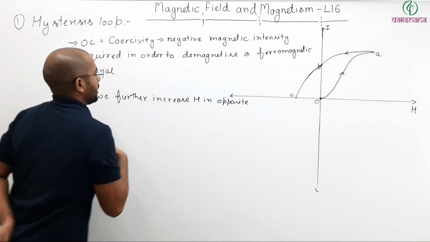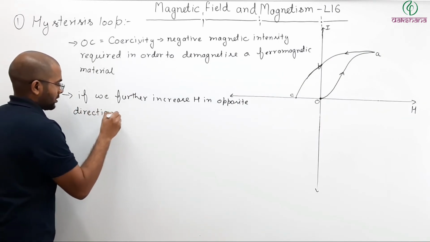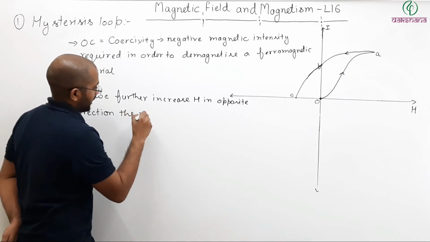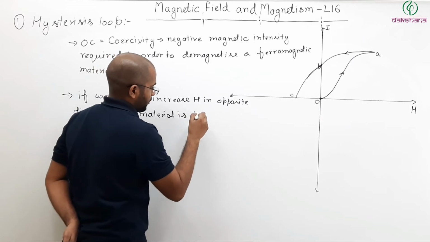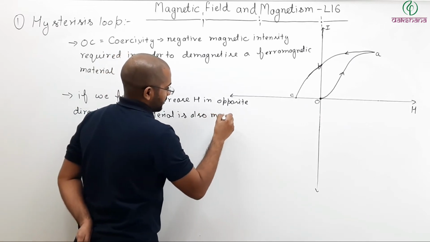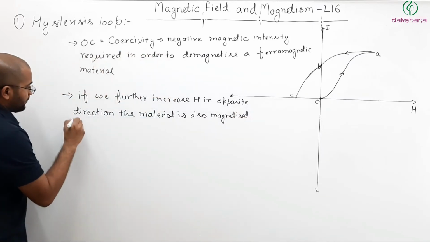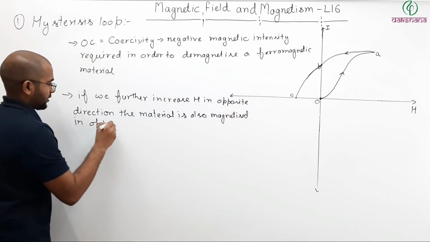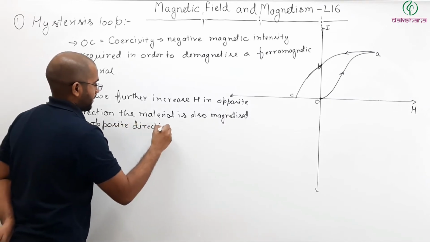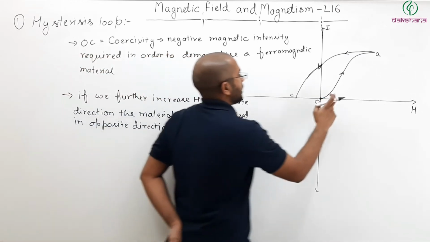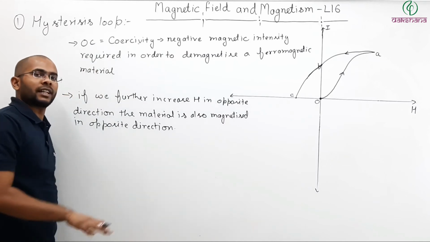So initially the material was magnetizing in the positive direction, now it will be magnetized in the negative direction.